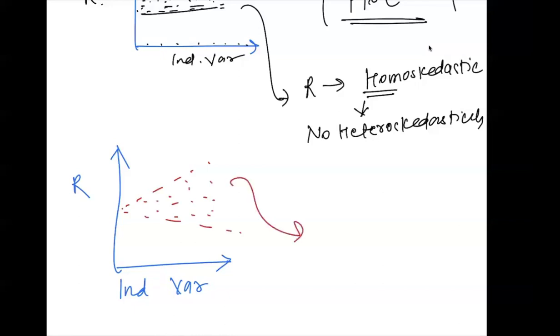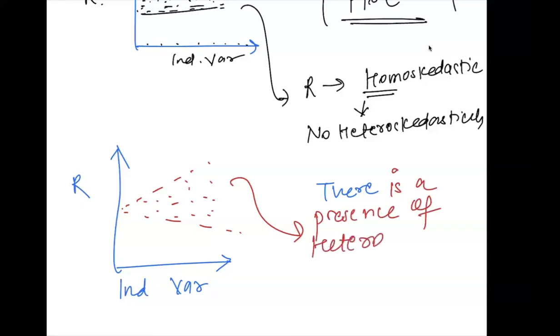So this is where we say that there is a presence of heteroscedasticity in the linear regression model. Okay, so I hope you understand this.